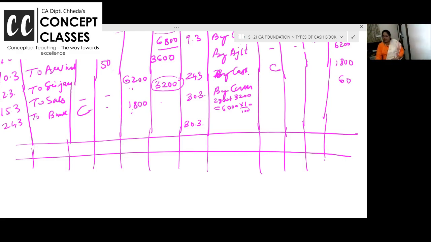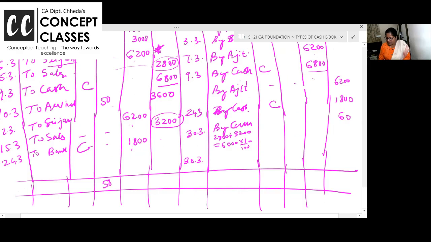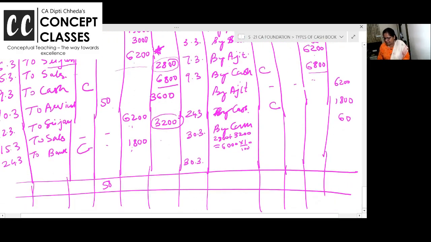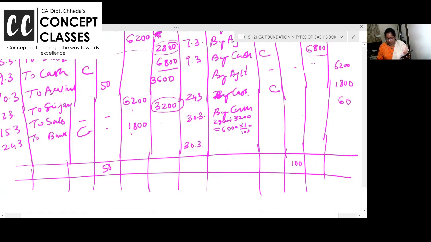Okay. Have you done the totals? Discount is 50. This side it is 100. Okay. Right. Chalo. Now, what is discount allowed? 50. What is discount received? 100. Don't balance it because you are going to post it separately.